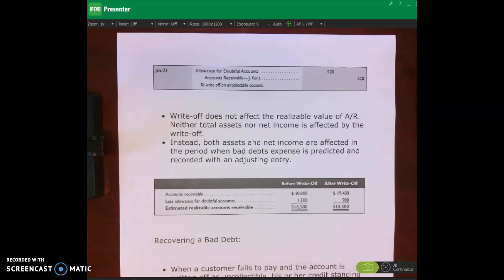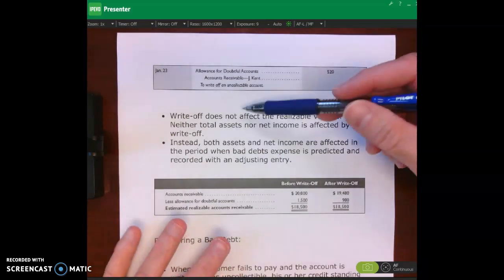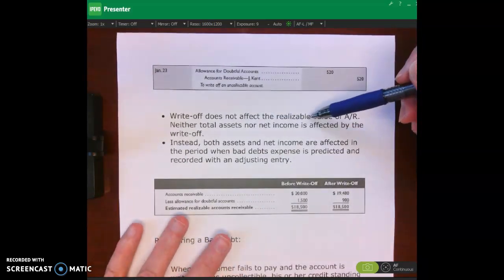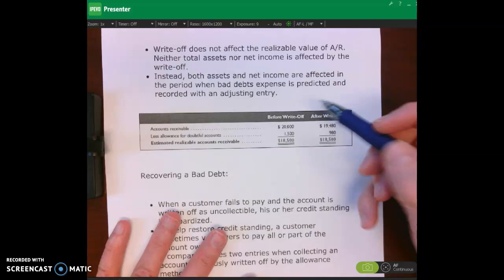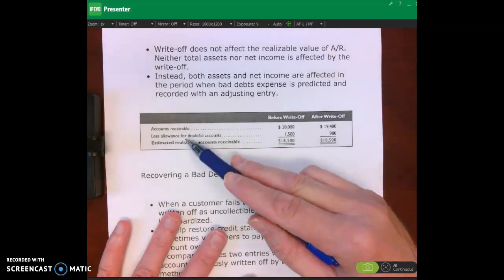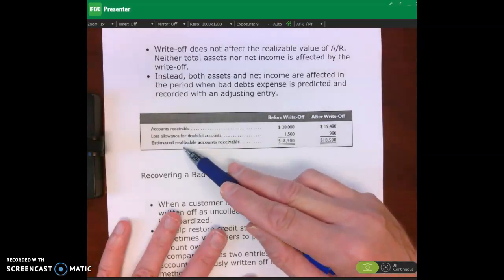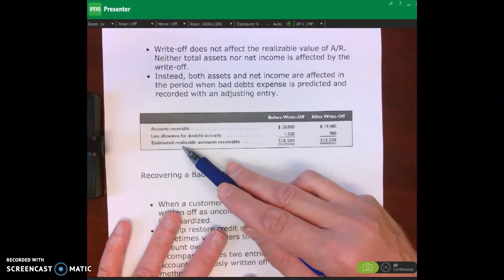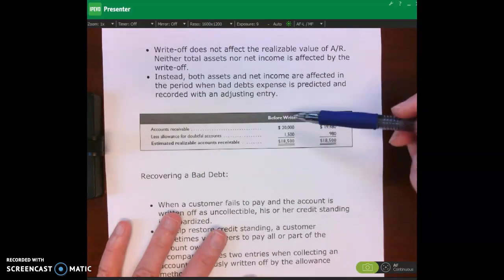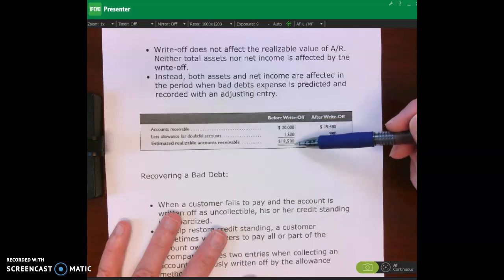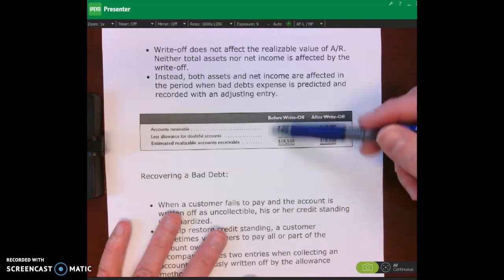Now, the important thing to understand is that the write-off does not affect the realizable value, the net accounts receivable. If we look at this figure, we can see we have accounts receivable less our allowance for doubtful accounts gives us our estimated realizable accounts receivable. We have our accounts receivable less our allowance, which gives us $18,500. That's before the write-off.